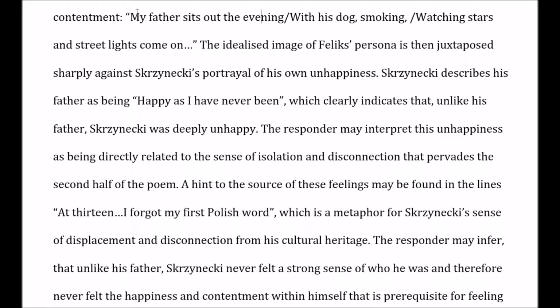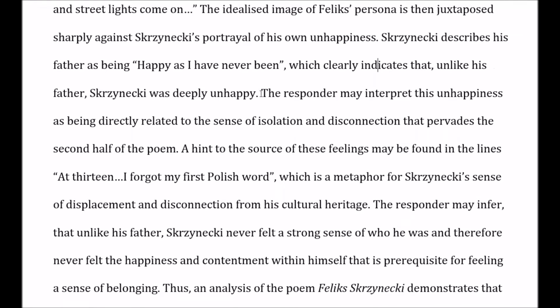I've continued analysing this piece of evidence, saying that the image is actually juxtaposed or contrasted against the poet's portrayal of his own unhappiness. So while his father was really happy, and here's another piece of evidence again, he was deeply unhappy.